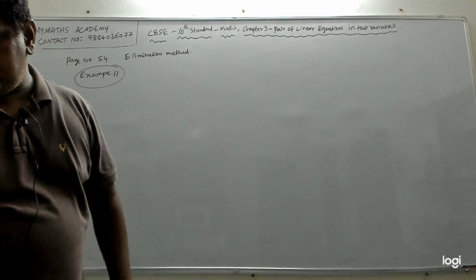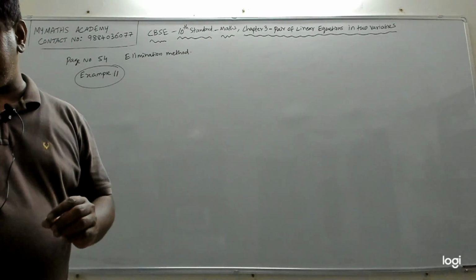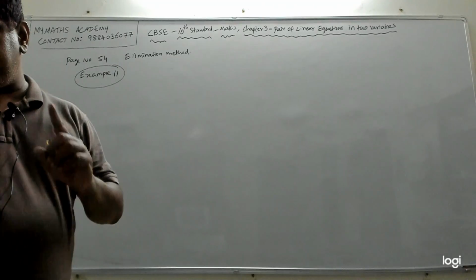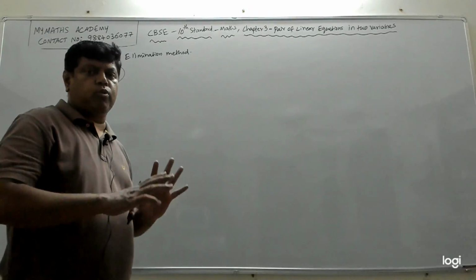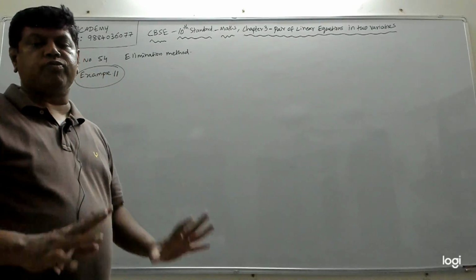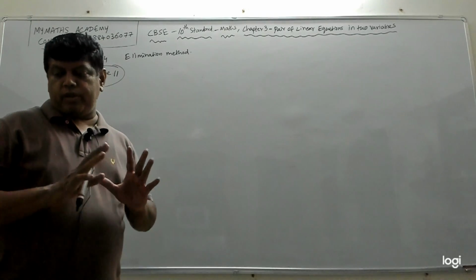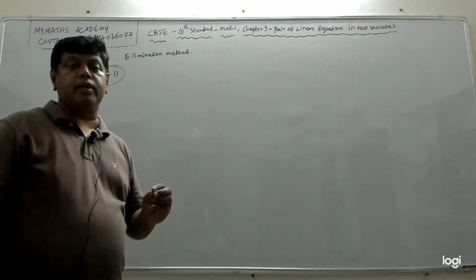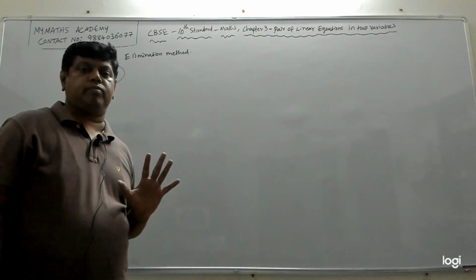So let's read the question again to form the equations. It says the ratio of incomes of two persons is 9:7. Whenever you see a ratio like 9:7 or 3:5, anywhere you see a ratio, here it is 9:7, you should take the incomes of the two people as 9x and 7x.